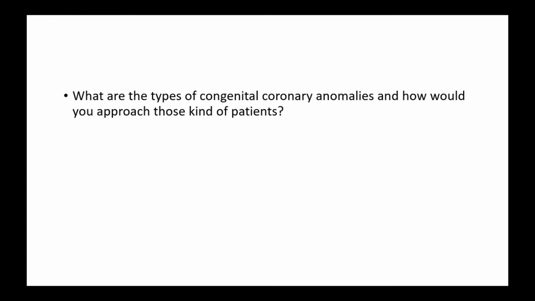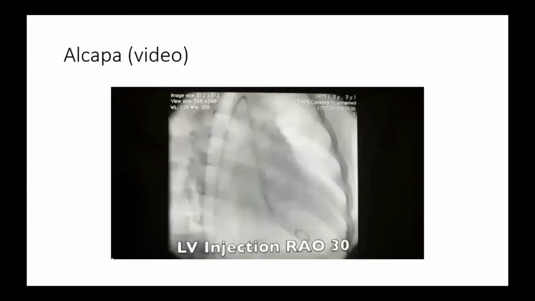What do you know about congenital anomalies regarding the coronary arteries? What are the types of congenital anomalies? Anomalous RCA from the left coronary cusp, anomalous left from the right or from the non-coronary cusp, or ALCAPA.